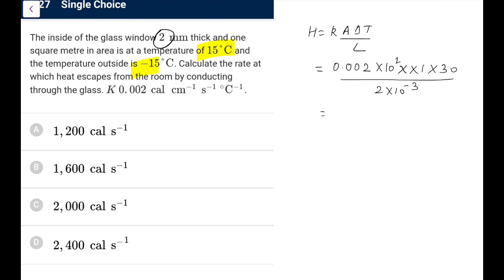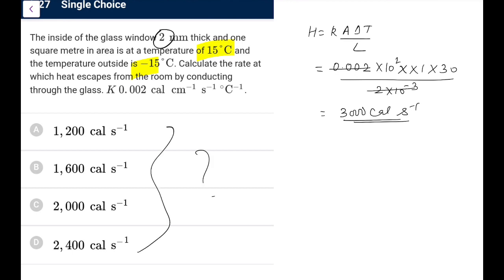Now this is 2 into 10 to the power minus 3 and this is 2 into 10 to the power minus 3, both will cancel. So what we are left with is 3000 calorie per second. That would be the answer, and none of the options matches.